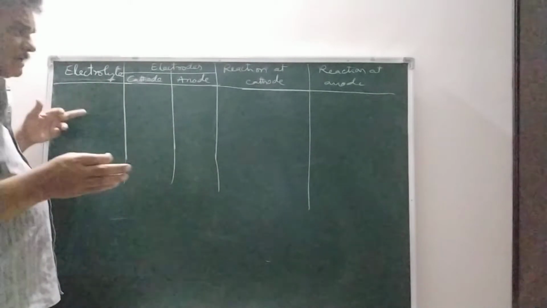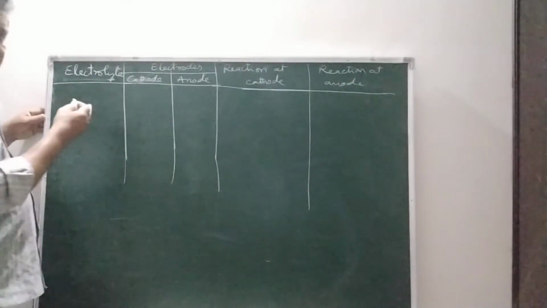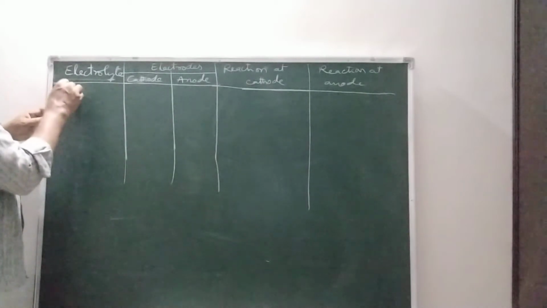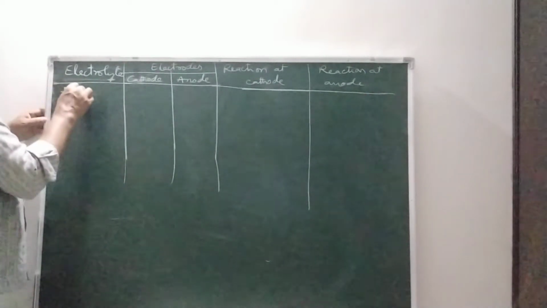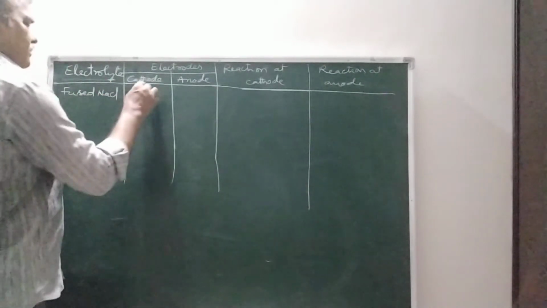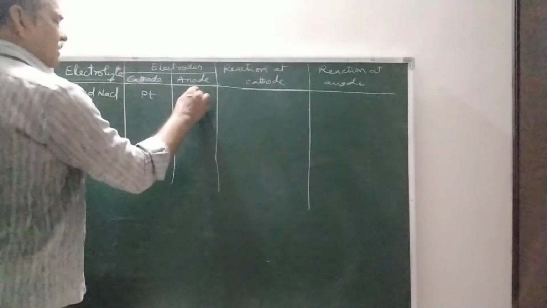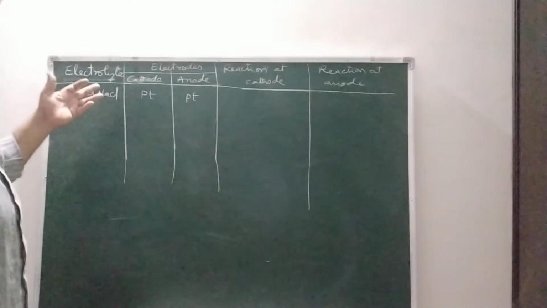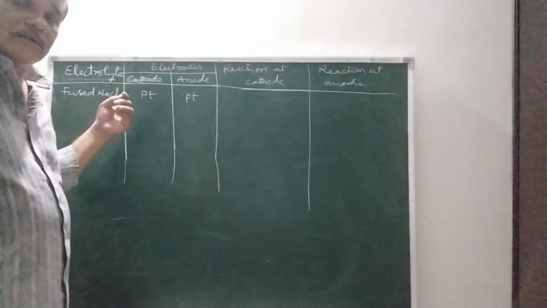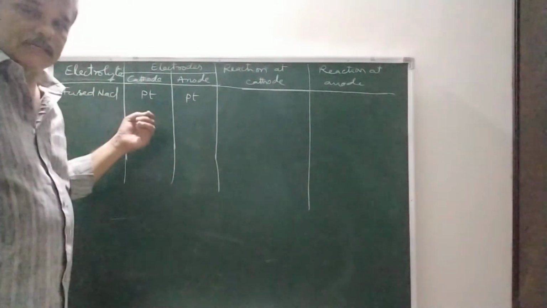We have already discussed three electrolytes, so we will write them first. So fused NaCl, platinum, inert electrodes. Of course, the order we mentioned applies when the electrodes are inert.